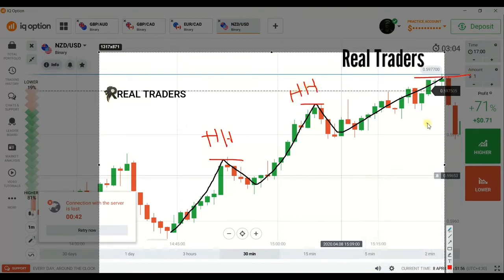So what is it telling us? It is telling us the market will not respect the previous resistance. The market will not respect the previous resistance. So it is showing us the actual level.